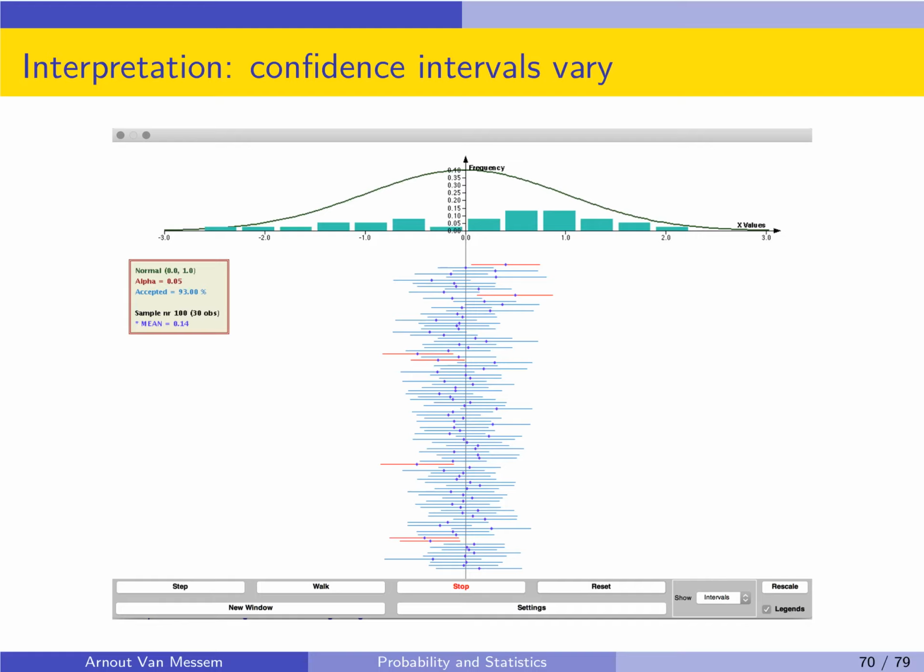If we took 100 different samples, it might happen that it's 97 or 99. So on average, if we would take an infinite number of samples, then 95% of the confidence intervals will contain the true value. But here there is always some variation. So here we see that 93% of the calculated confidence intervals do contain the value, 7% does not contain the value 0, but that is logical, it is due to random variation in the data.